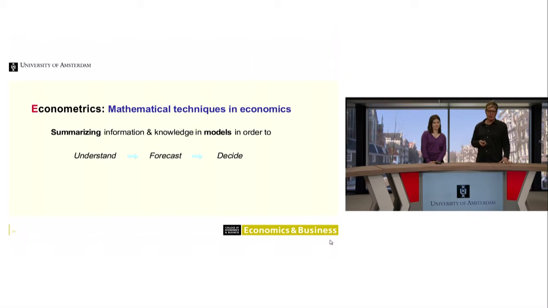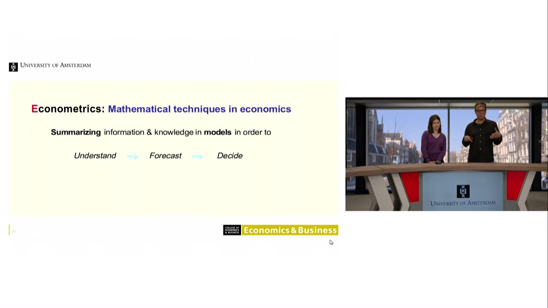and that's what you need to get your conclusions from. What econometrics is about is to summarize information and knowledge in models. So you get a feel for how reality works. Then you try to build a model. And if you really understand, then this model will fit your data. And if you have a good fit to your data, then you might be able to forecast using the model.